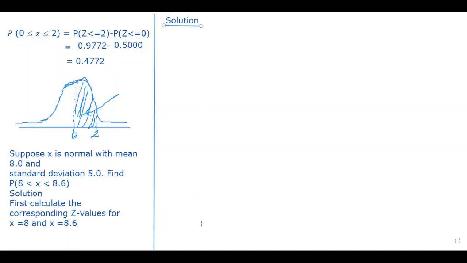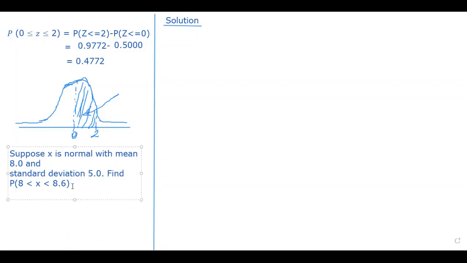Find the probability that 8 is less than X, which is also less than 8.6. Okay?